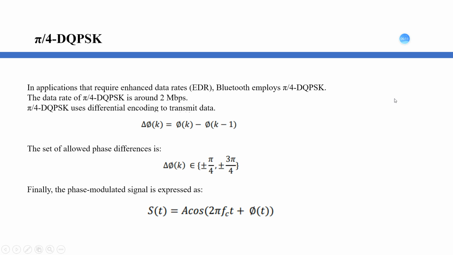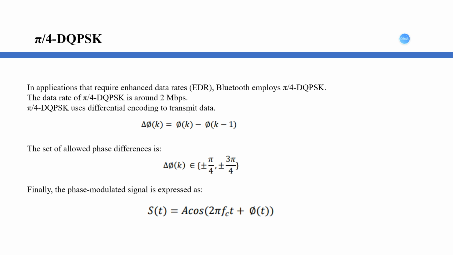For higher data rates, Bluetooth Classic adopts differential modulation, pi/4 DQPSK, with a data rate of 2 Mbps. Unlike GFSK, pi/4 DQPSK uses differential encoding to transmit data. It transmits the phase difference between successive symbols rather than the absolute phase.